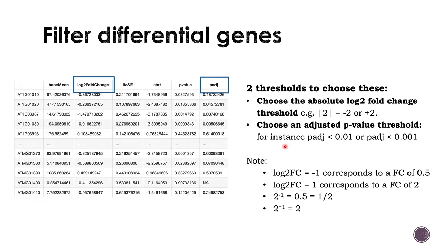That's usually the case. As a side note, a log2 fold change of minus 1 corresponds to a fold change of 0.5, and a log2 fold change of 1 corresponds to a fold change of 2. So this means they are equidistant: a log2 fold change of minus 1 is a reduction by half, and a log2 fold change of 1 is a multiplication by 2.